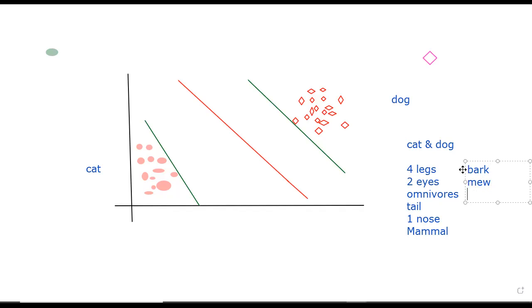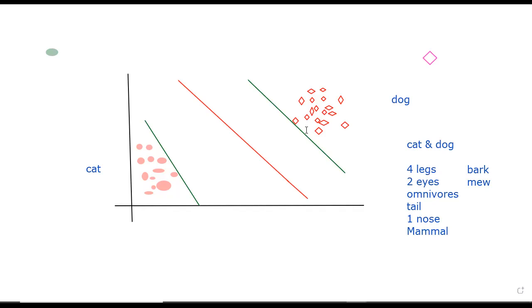But a cat can be kept in a house, while dogs are for security and so on, that also you can say. So if we use these two features, you can easily classify whether it is a dog or a cat. But if I consider this one, could you classify? No, right? Because both of them are the same.